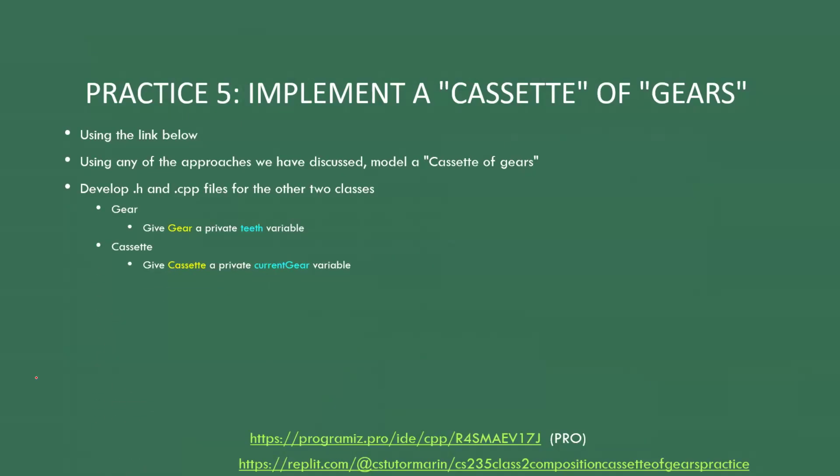So see if you can click into this one and develop your .h and your .cpp files for these two classes. And I'll put the solution up here to help you out a bit. But give your gear a private teeth variable and give your cassette a current gear variable. And then give your cassette a vector of gear instances, not gear pointers, but gear instances.